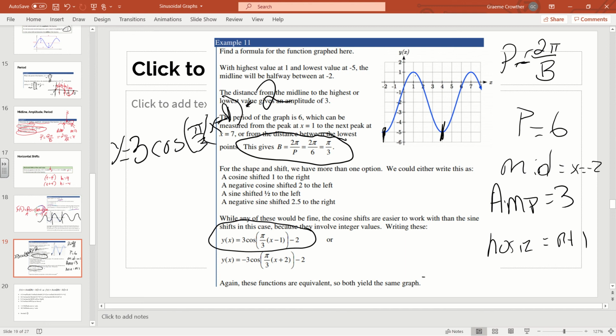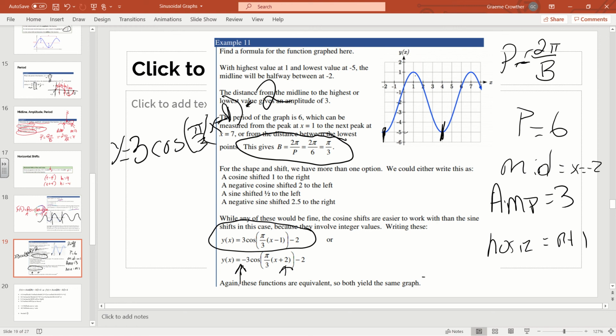In other words, it's been reflected over the x-axis. So instead of it starting at 1 on the y-axis, it's starting at -2. So it's had a horizontal shift of 2. It's negative out front because it's been reflected.